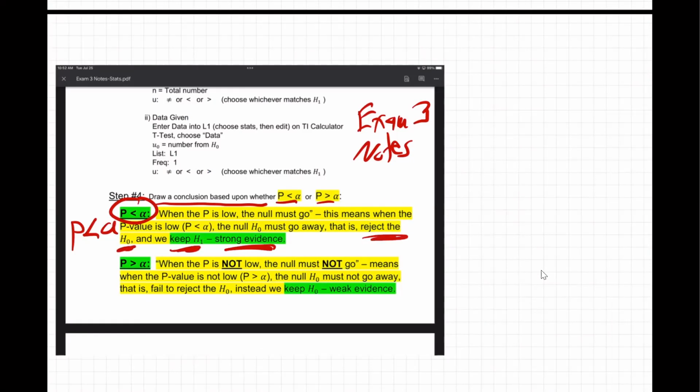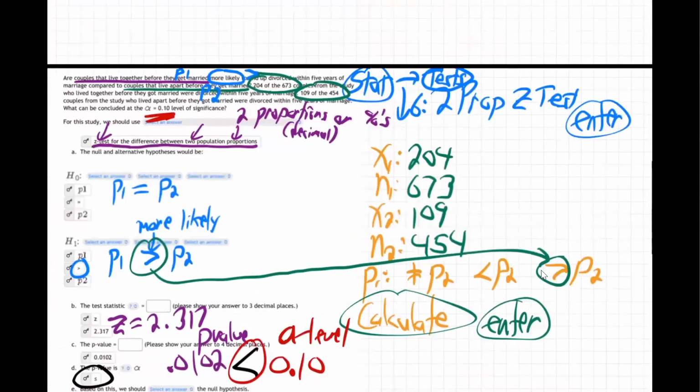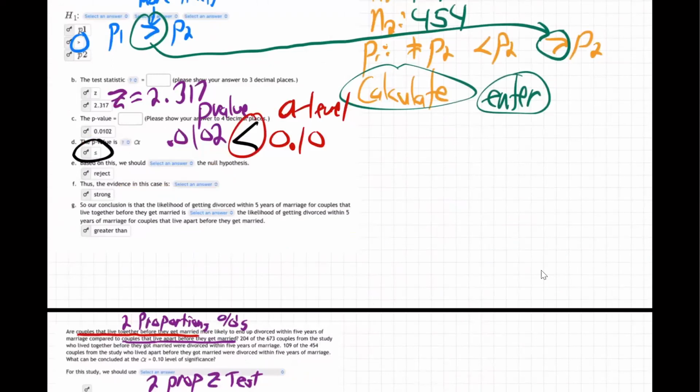So there we go. Reject H0, keep H1, strong evidence. So I'm going to reject the null, just like it said, reject H0. Strong evidence and keep H1.